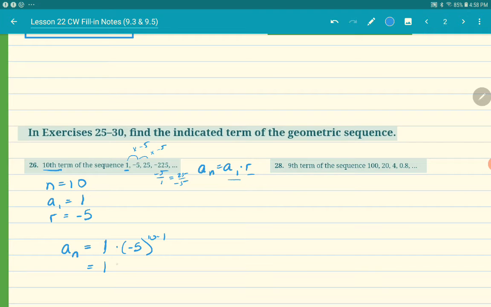So that equals 1 times, I'm using parentheses now because I have the negative sign, so it helps me remember that negative is part of what's going to the exponent, to the power of 9. -5 to the power of 9, I'll put in my calculator, and I get, since 9 is odd, it's going to be negative 1,953,125.